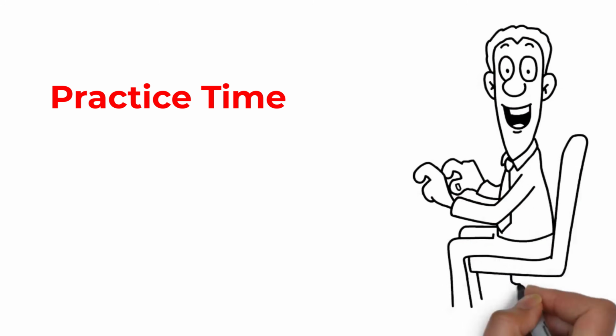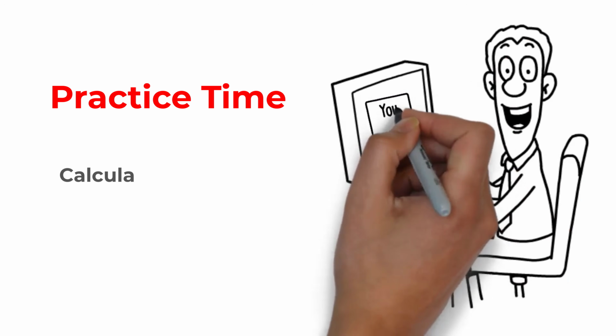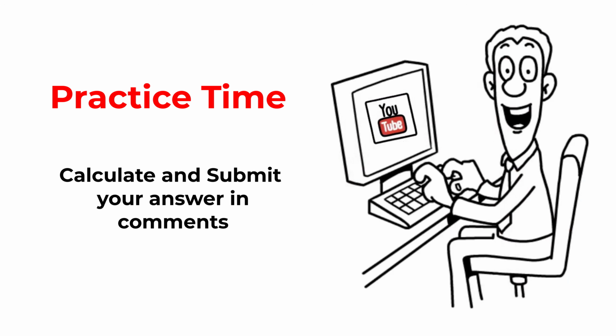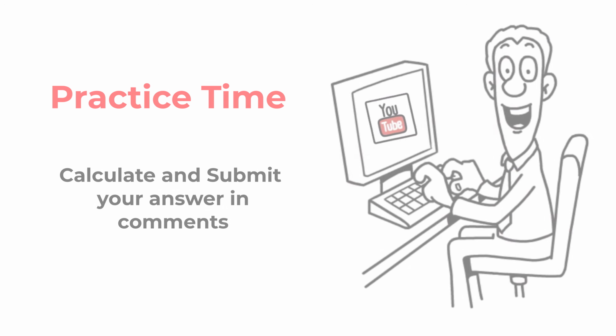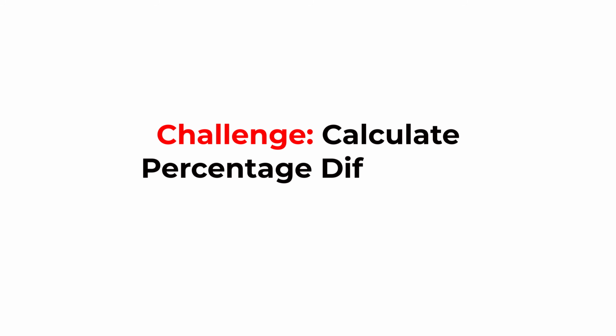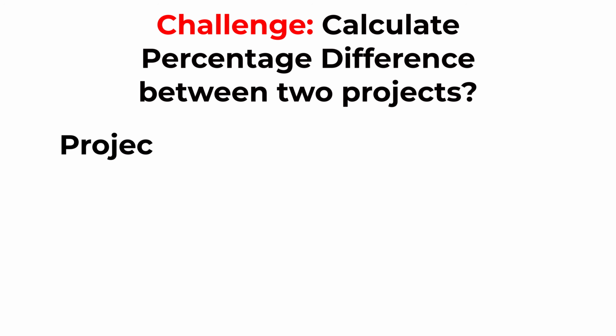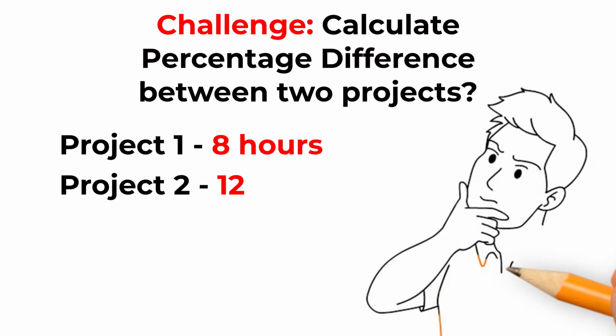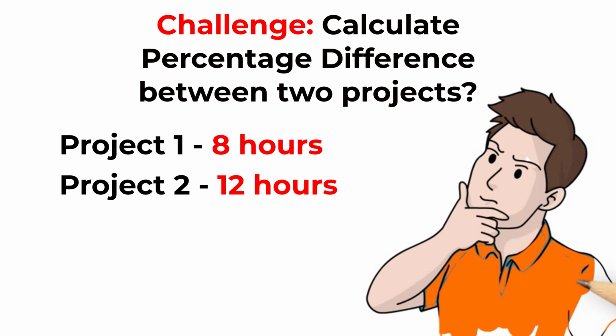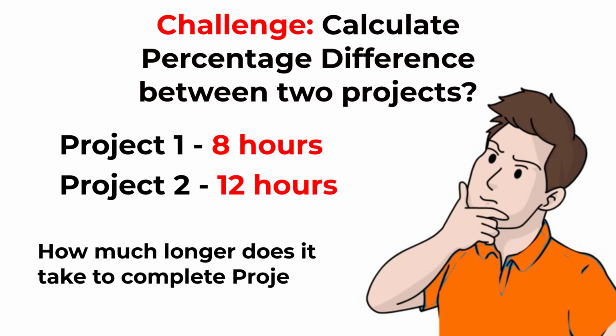And now, here's the question for you to try. If you can calculate the answer, please post it in the comment section of this video so I can give you the grade. We have 2 projects, and to complete project 1, it takes 8 hours, and to complete project 2, it takes 12 hours. So how much longer in percentages it takes to complete project 1 versus project 2?